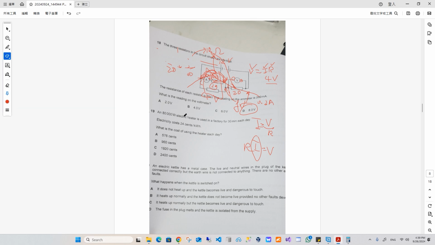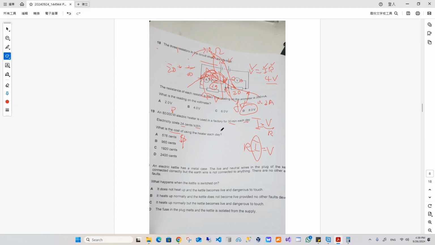This watt is power. It is used for a factor of 30 minutes each day. It costs 24 cents per kilowatt hour. What's the cost of using the heater each day?